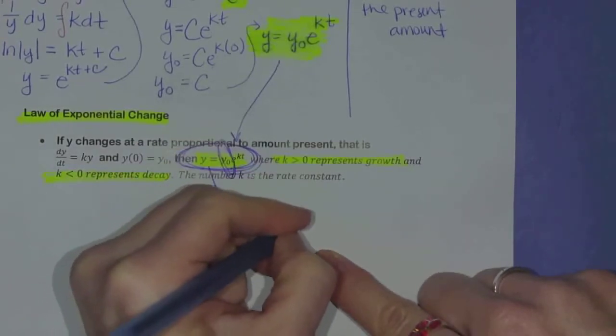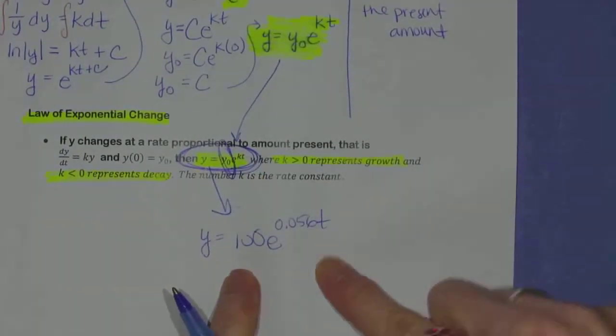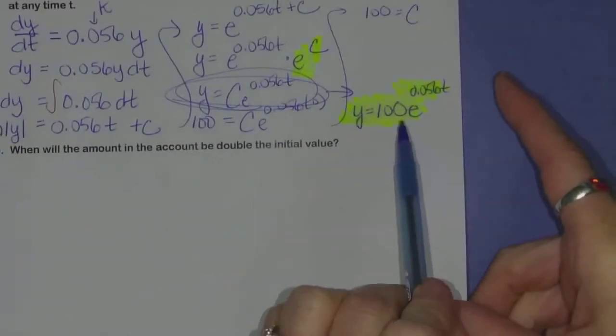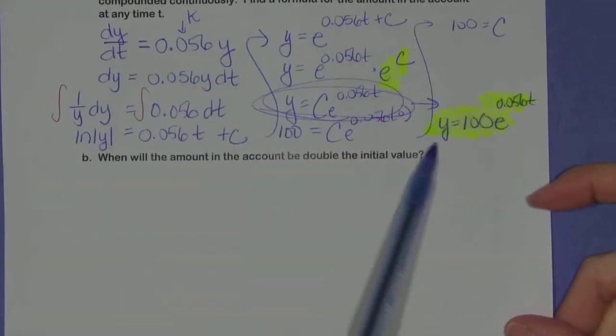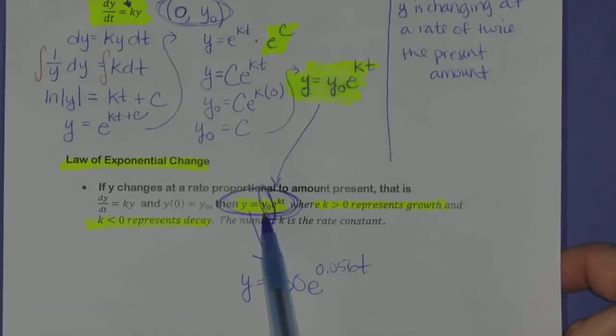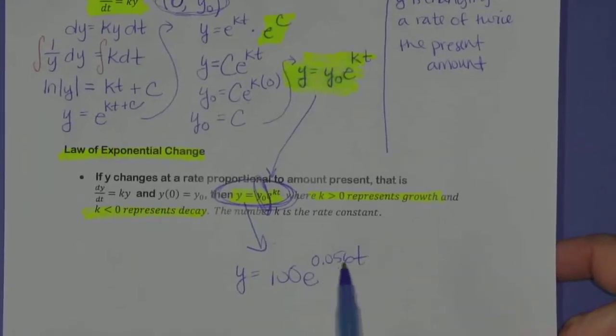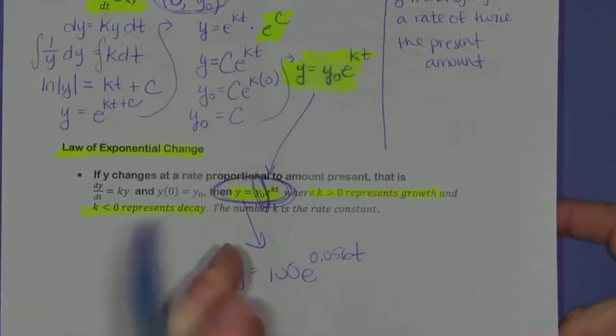That was the 0.056t. This is exactly what we got, but we did all this work. And doing all the work is fine. I'm just saying that if you want to memorize your law of exponential change, just remember, had we been losing money, this k would have been negative.